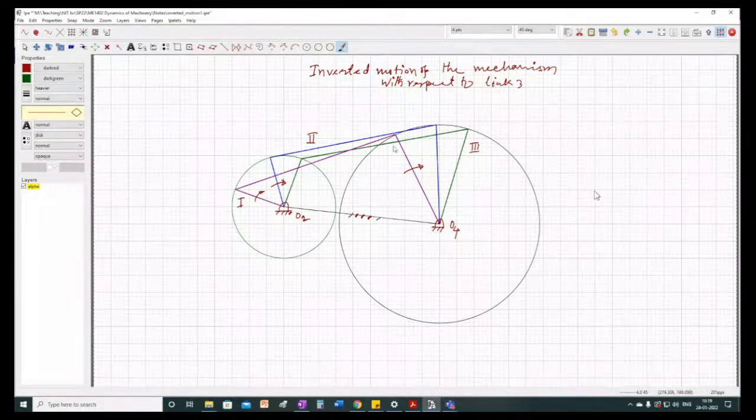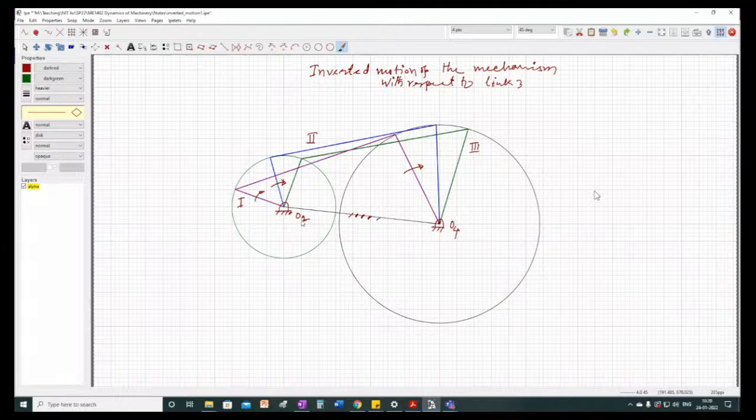For that, we will have some other positions for O2 and O4. Their motion with respect to link 3 will be known to us. Those positions of O2 and O4 are called the inverted motion with respect to link 3.